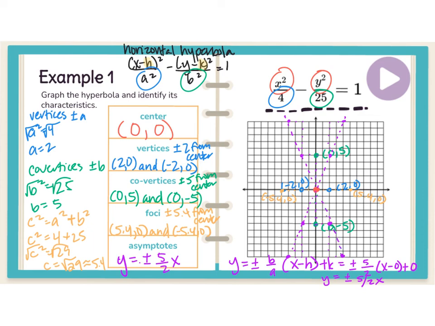So now is the time to sketch the hyperbola. I know this is a horizontal hyperbola, so they're going to open to the left and to the right. And they're going to approach, but not touch the asymptotes. They are going to intersect these blue vertices.